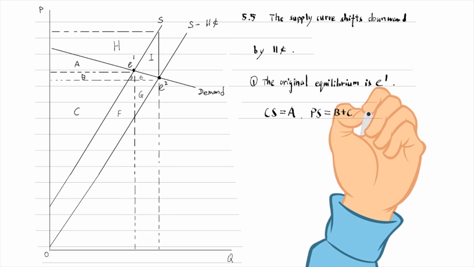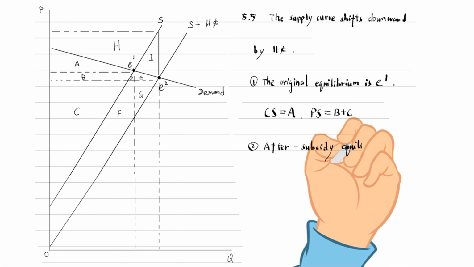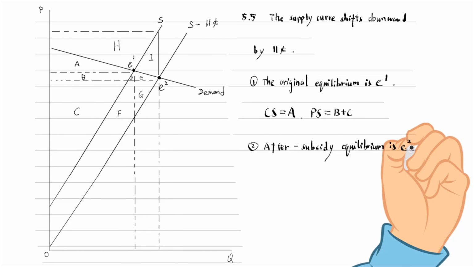After the subsidy, the new market equilibrium is E2, which is determined by the demand curve and the after-subsidy supply curve.